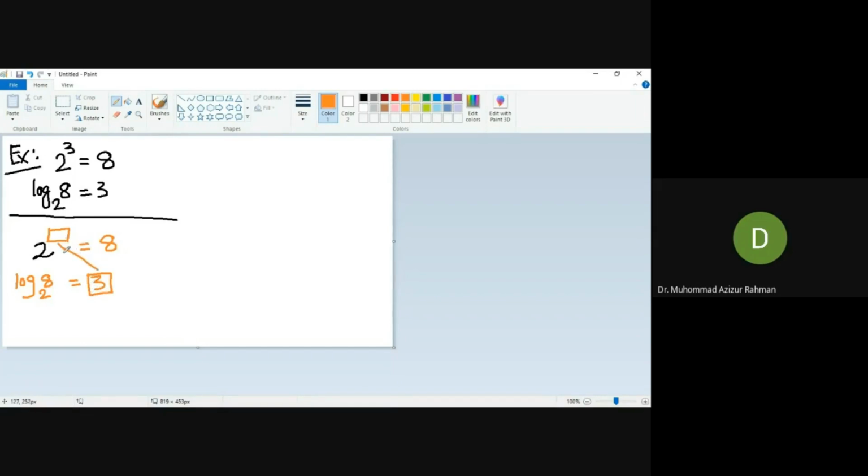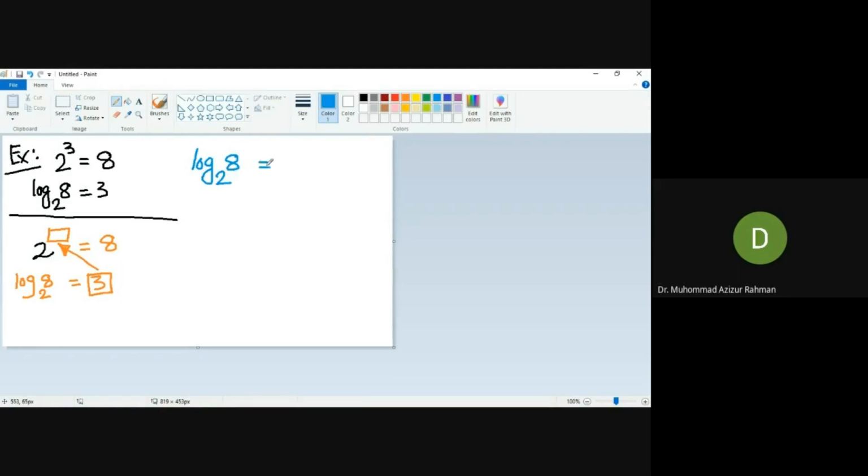So basically it depends on how we are expressing the log. If we know the logarithmic function equals 3, then actually we can go for the exponents.